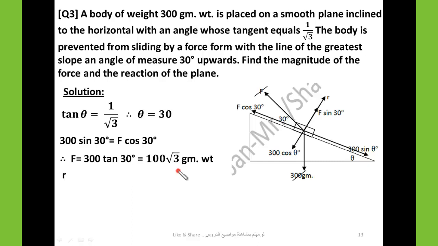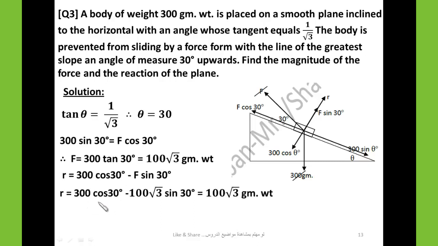Now R plus F sine 30 equals 300 cosine 30. Then we can calculate it by substituting F equals 100 root 3.